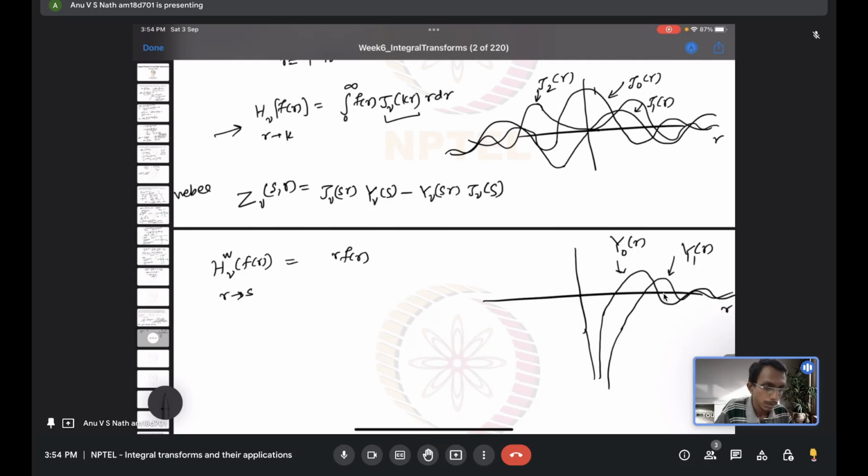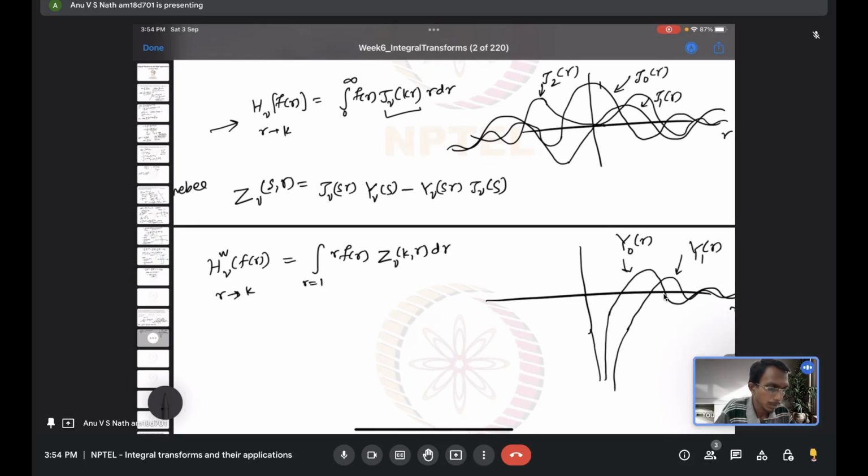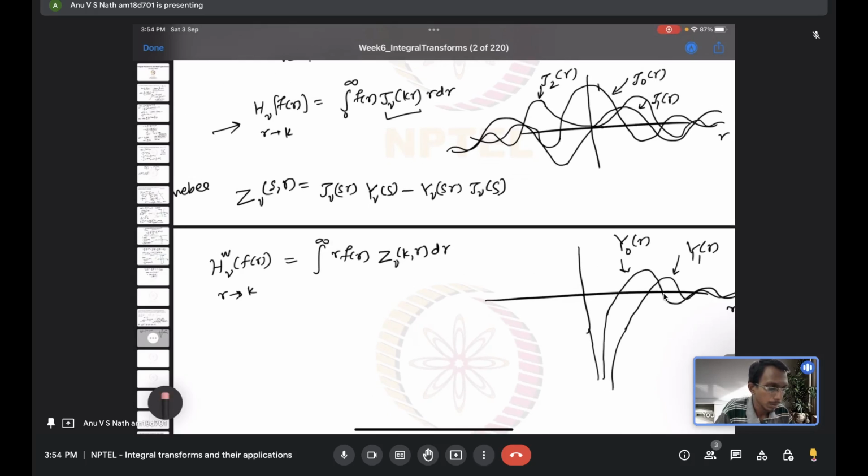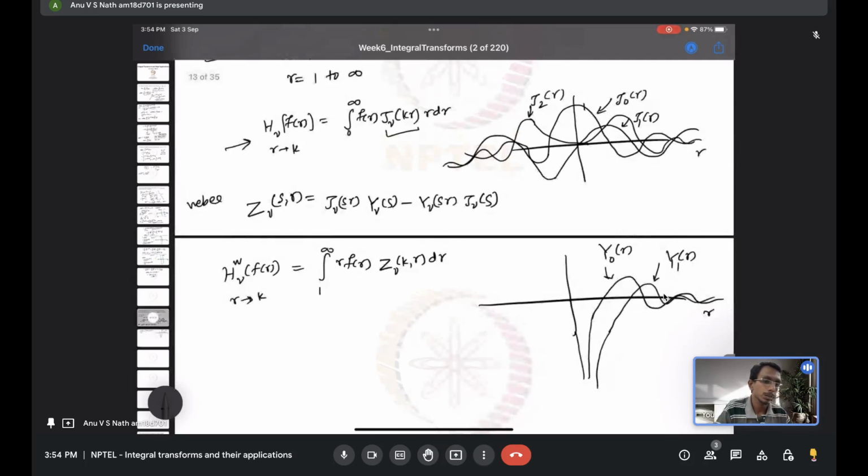Instead of Bessel function j, we use this combination, the Weber kernel, z nu of s comma r, then dr. Okay, let's say this is not s, this is k. Let's be consistent with the earlier definition. And then r is integrating from 1 to infinity. So now you can see that the integral is performed in a finite domain from 1 to infinity, unlike earlier. So the boundary conditions you need to apply are at 1 and infinity.